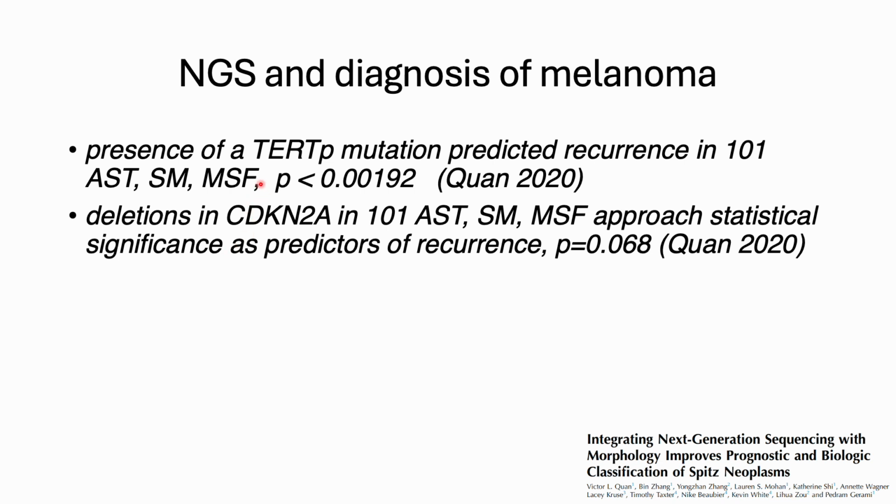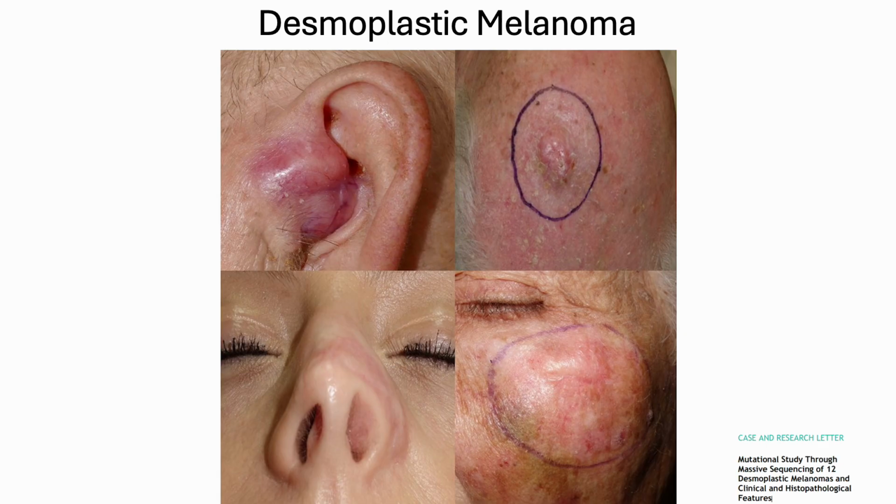There are some other features of NGS which help predict aggressive behavior. TERT promoter mutation in this same series was able to predict recurrence in the group of 101 cases, and also deletions in CDKN2A approach statistical significance.